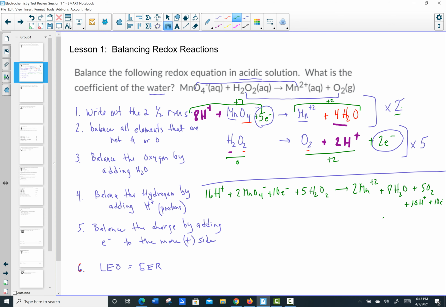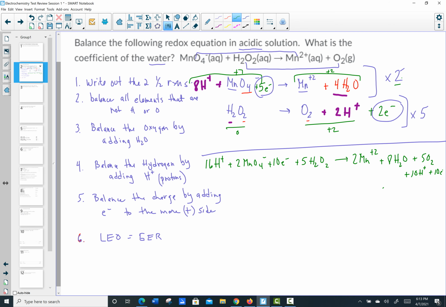So with our step 6, we distribute and add back together, making sure oxidation equals reduction. And finally, step 7 is to simplify everything you can.